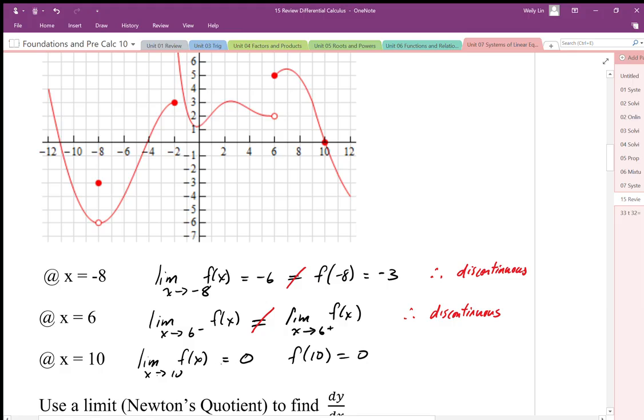If the two-sided limit exists and the function exists at the limit, it is continuous. So this is continuous. This is a test for continuity: the function must exist at that point, and the limit must be equivalent to the function at that point.